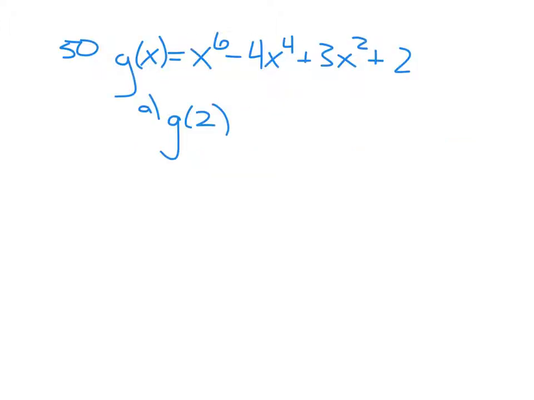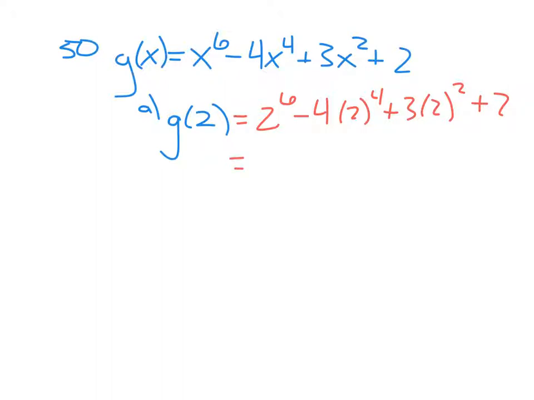All right, so how do you do this problem? It would look like 2 to the 6 minus 4 times 2 to the 4th, plus 3 times 2 squared, plus 2.